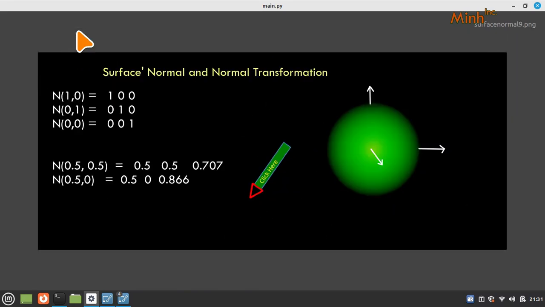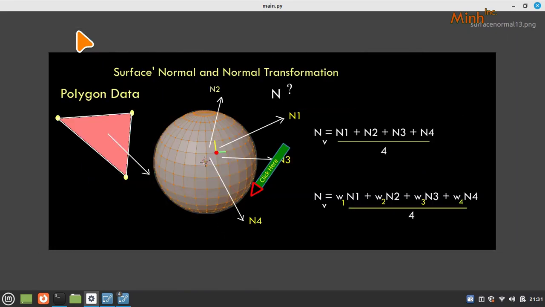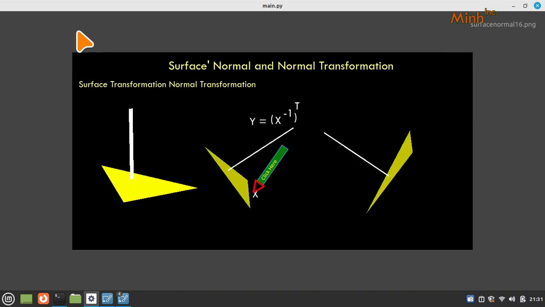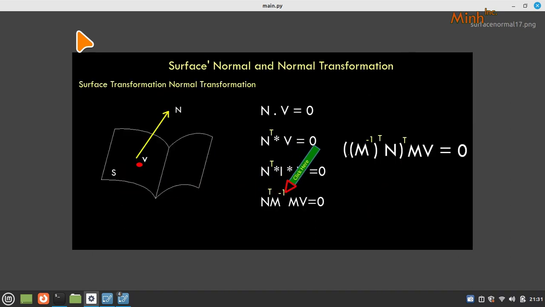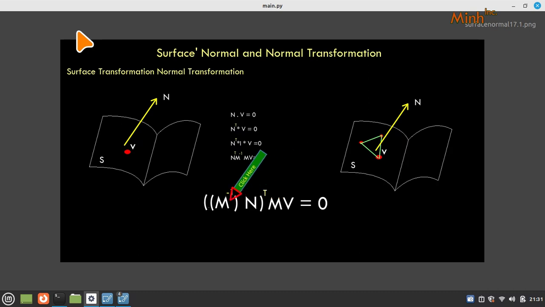See how much we did calculating the transpose, and how much research we did from the first slide on how to calculate the normal. Finally we came to the conclusion that if a vertex is transformed by matrix M, then the normal must be transformed by the transpose inverse. It's not required.